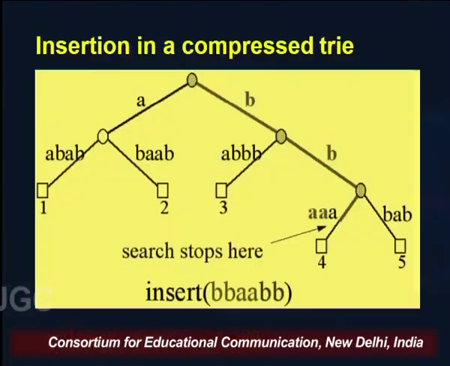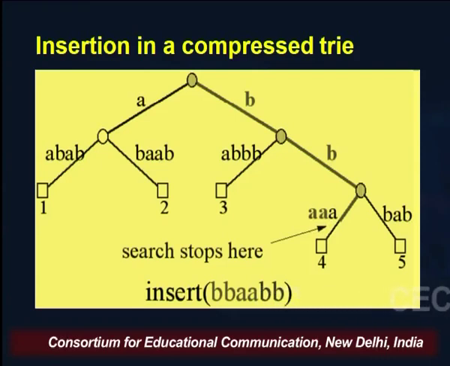So for example, I want to insert BBAABB. That is a word which I want to insert in the compressed trie, which is already existing, and it is shown in the figure which is available on the screen. So here we have a compressed trie. As you all are aware, we need to perform the search first, even if we want to insert a particular keyword.